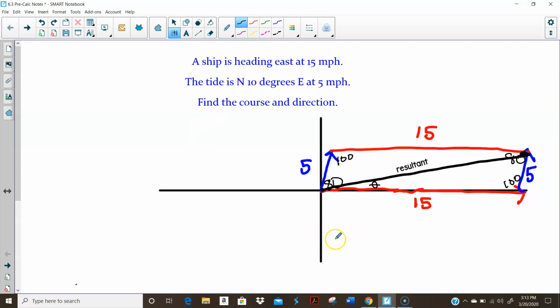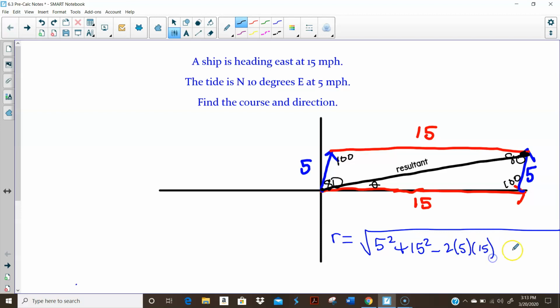We've got R, which is the resultant, is going to be equal to the square root of, and then notice one of the sides is 5, so we've got 5 squared plus 15 squared, subtract 2 times 5 times 15 cosine of 100.